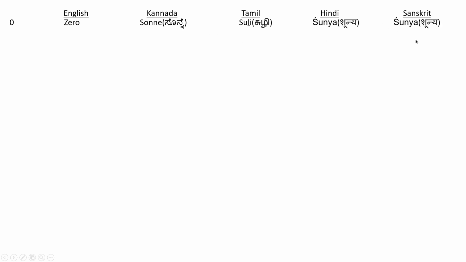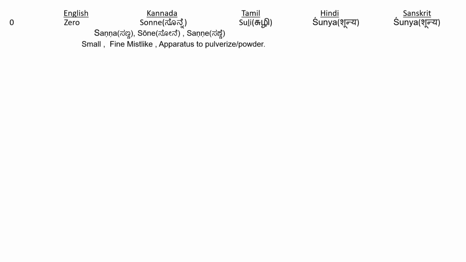Actually this sonne and shunya are pretty close words. So most people think this sonne is derived from Sanskrit, but it may not be necessary because there are many words close by to sonne in Kannada, which can be a basis for derivation of this new word sonne just to represent zero.